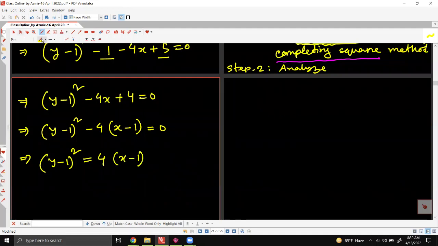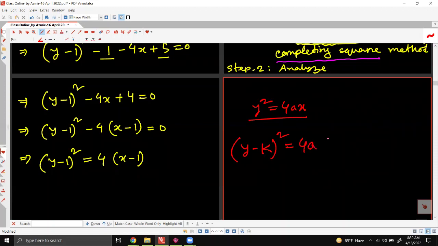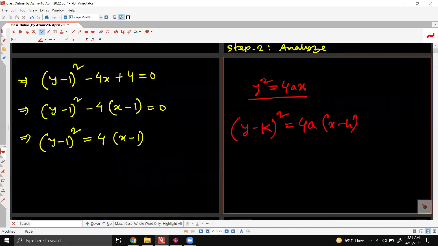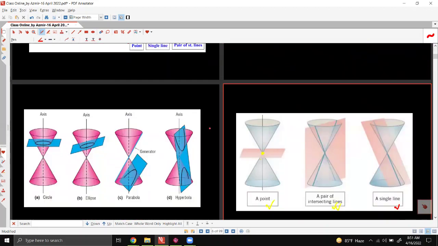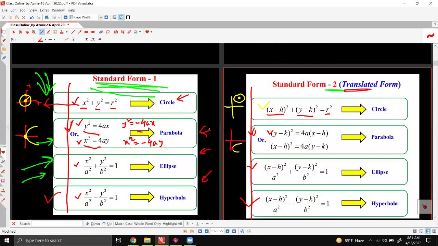So our equation is y squared equals 4ax. We have also standard form 2, y minus k squared equals 4a x minus h. Whenever we started the session, I mentioned to you that we also have some other forms with h and k.